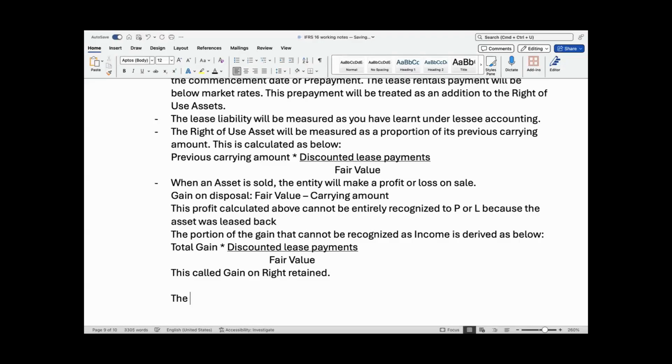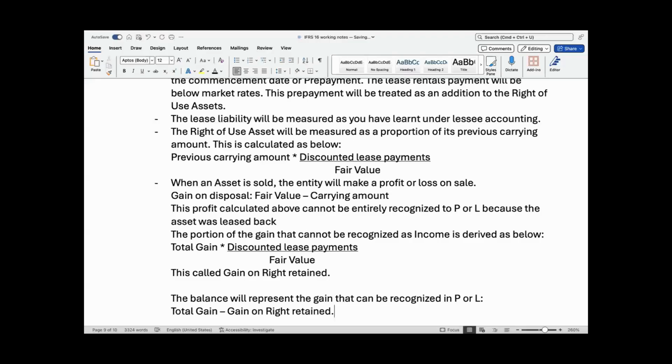So the balance will represent the gain that can be recognized in profit or loss as an income, which is the total gain minus the gain on rights retained.